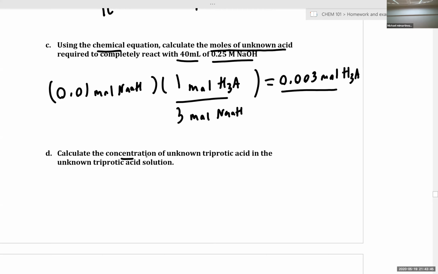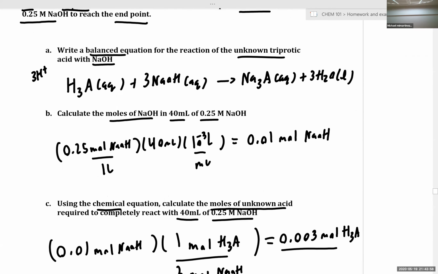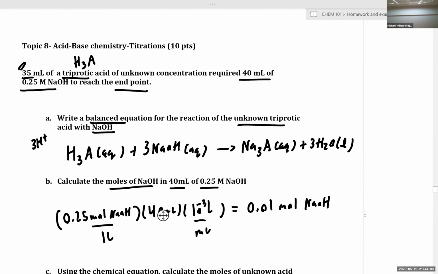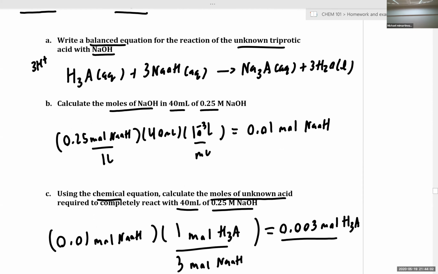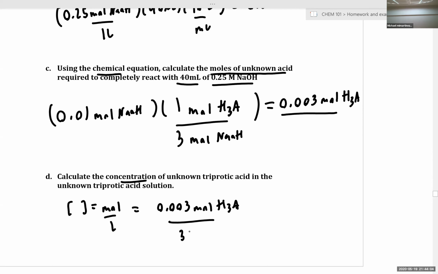And to calculate the concentration, concentration is just moles over liters. So we take our 0.003 moles of H3A and we divide by the volume of acid titrated, which in this case is 35 milliliters. We know that in 1 milliliter, we have 10 to the negative third liter.